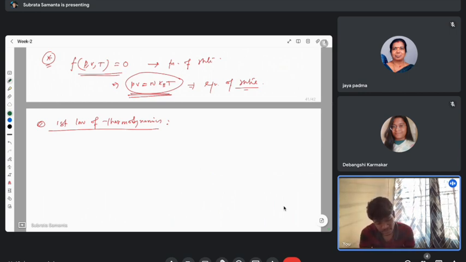So what is the statement of the first law of thermodynamics? That means energy is conserved, and heat and work are both forms of energy.